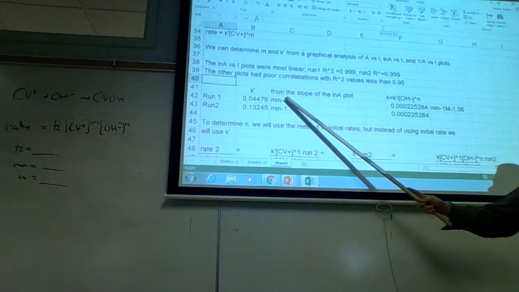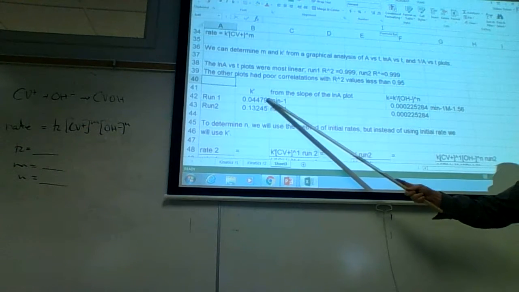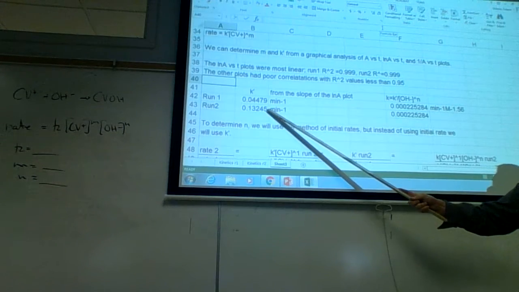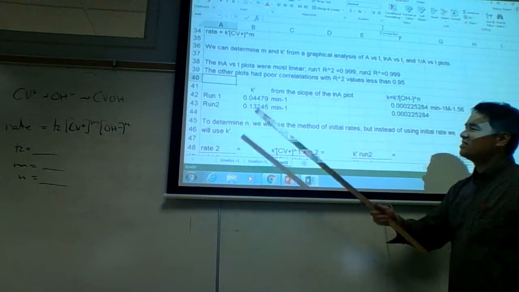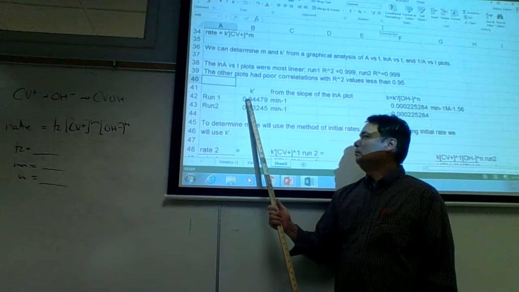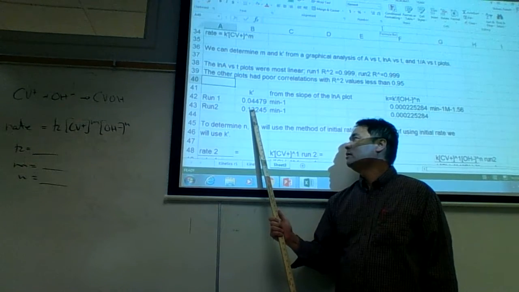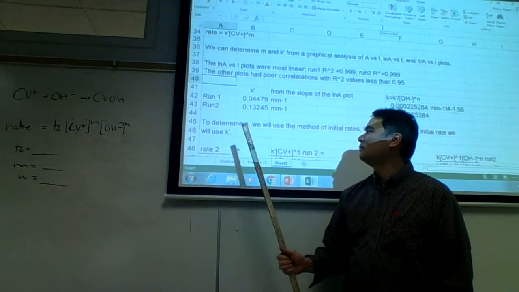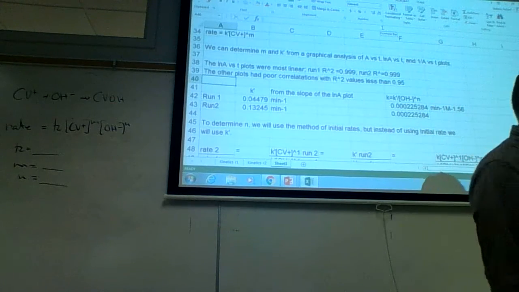If we look at the plots and we get the slope and just change the sign, this gives us k prime. And you can see what happens to k when we double the concentration of hydroxide. This is actually backwards.